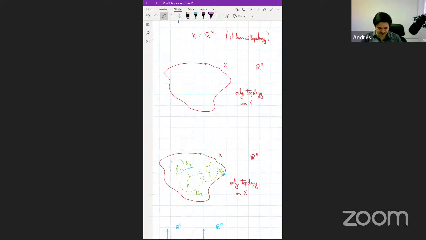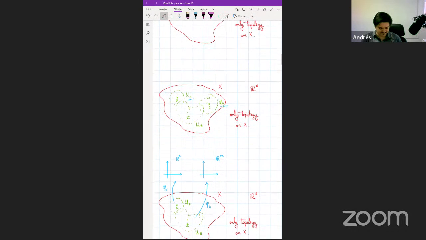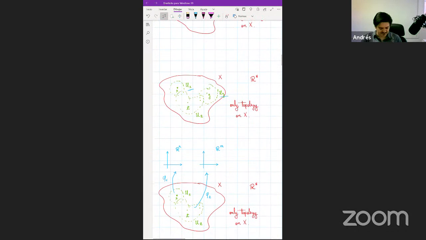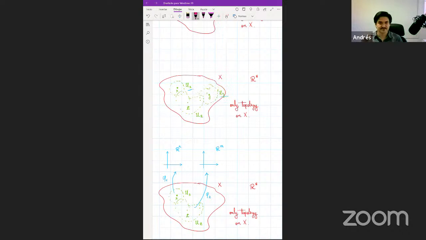And then the first thing that we are going to require is that those sets have a function defined only on that open set.